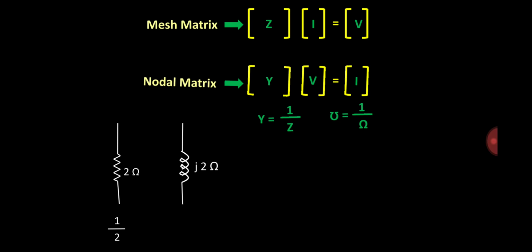If we have an inductive reactance of j2 ohm, the admittance of j2 ohm will be 1/j2. Similarly, if we have a capacitive reactance of -j2 ohm, the admittance will be 1/(-j2). If we know these things, we can easily obtain the matrix by inspection.